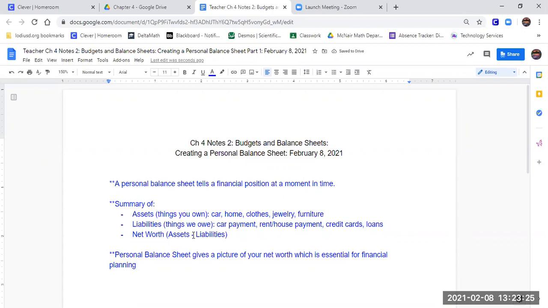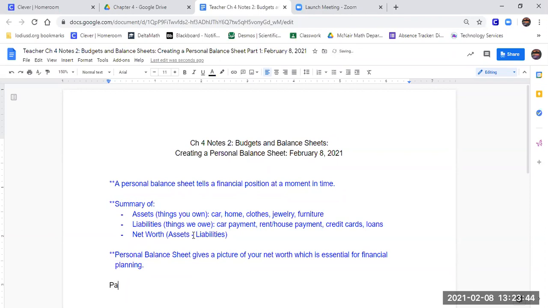If you don't know how much you're worth, then there's no way you can plan. There's no way you can know what we have available to work with. So you need to be looking at your personal balance sheet.